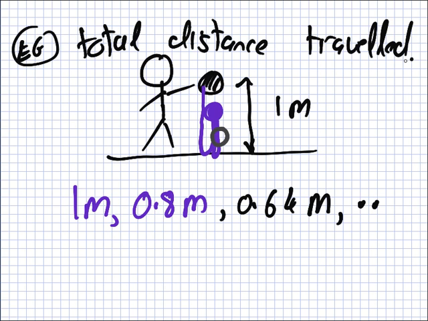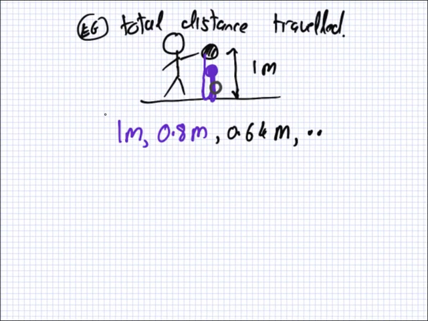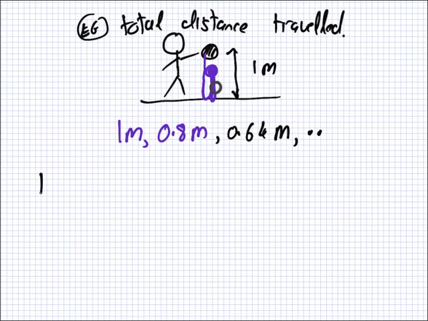I think the answer is 9. Let's calculate it. First it travels 1 meter, right? Then it travels 0.8 and 0.8 again. Goes down 1 meter, up 0.8, down 0.8.